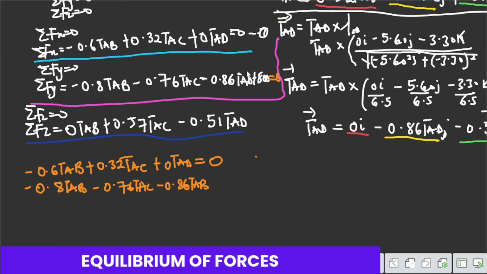So it's equal to 0 from the equation, so you bring it here and it becomes negative 800. Then lastly, the one for Z: 0 TAB here, then plus 0.57 TAC, then minus 0.51 TAD is equal to 0.